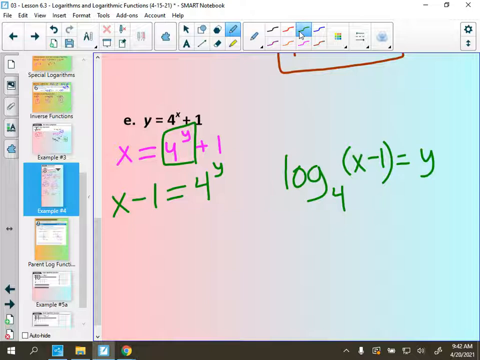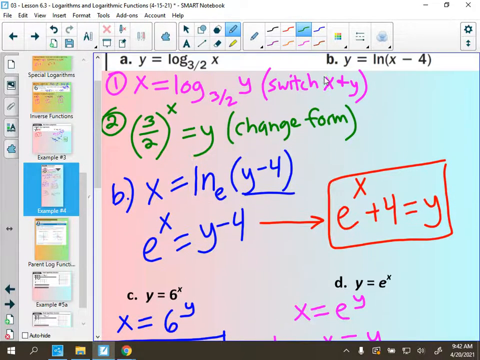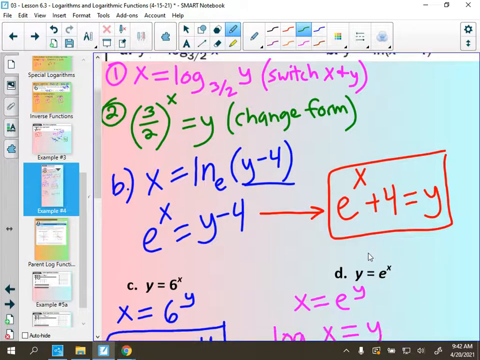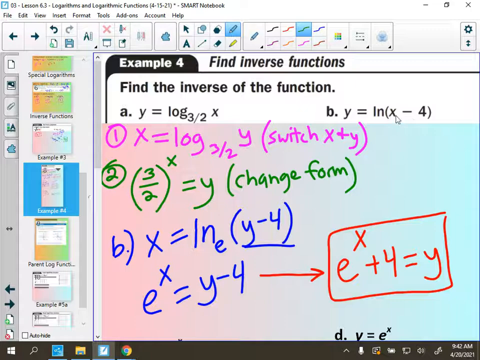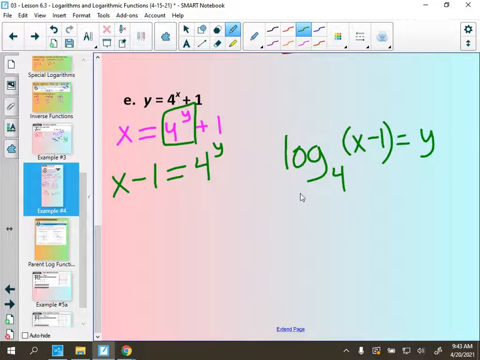We kind of saw it earlier; it's almost the reverse of the one where we finished with e to the x plus 4 and it started in a group in parentheses. That one was a natural log, but long story short, that's how logs work: it's the base, then we do the crossover, and it equals whatever's over there, x minus 1.